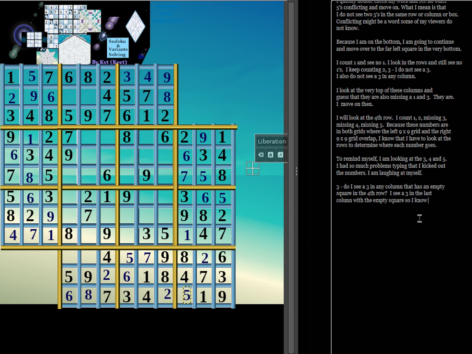So I know this square here cannot take a 3. I will look at this square and see if this row has a 4. It does, so I know the 5, the only other missing number, goes here.